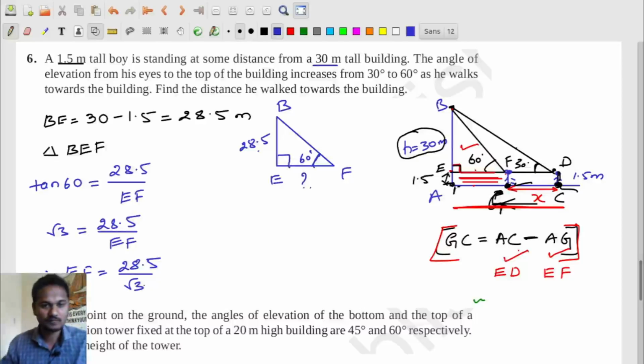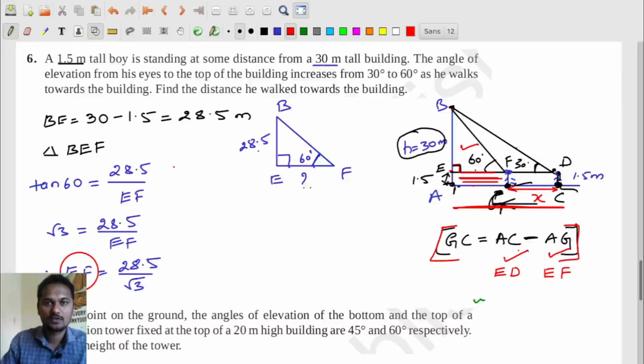Keep this as it is. No need to rationalize or take root 3 as 1.73. Don't do that. Keep this as it is, 28.5 divided by root 3. So we got EF here.